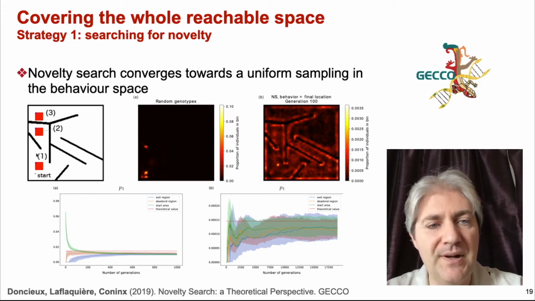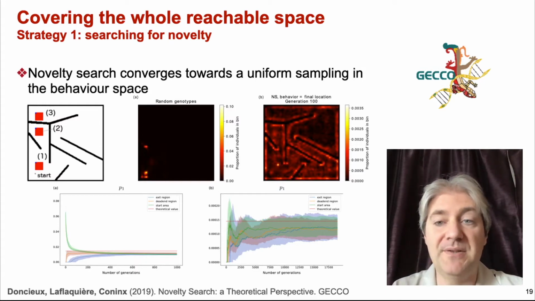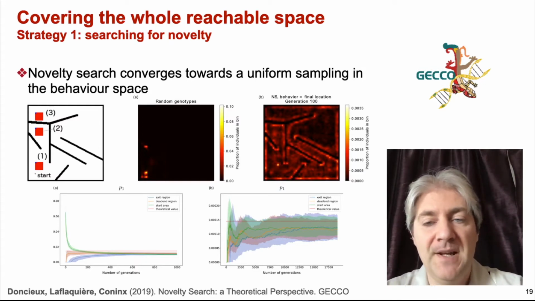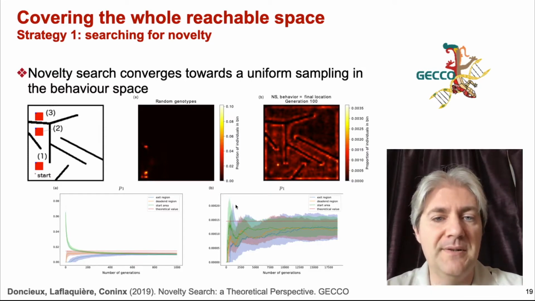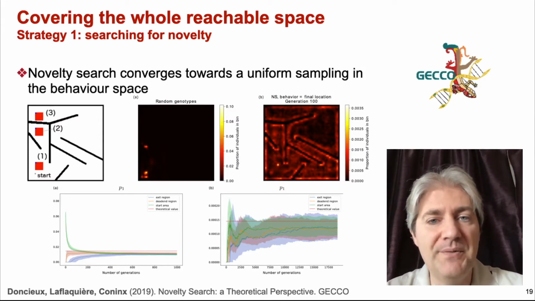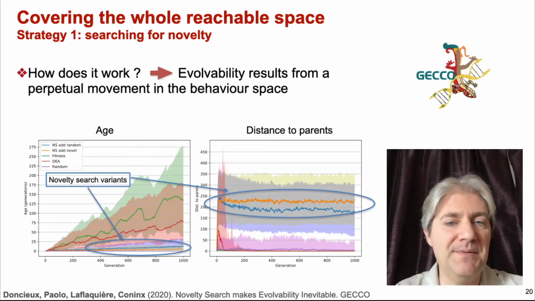Whether we consider large areas here in red or these very small areas in blue, in both cases we have something that converges towards the same value. So that's a very interesting feature because it's not straightforward to sample uniformly in that space. We have no direct access to this space. We just sample in the genotype space, and the mapping between the genotype space and the phenotype space is very complex. So how does novelty search achieve this goal?